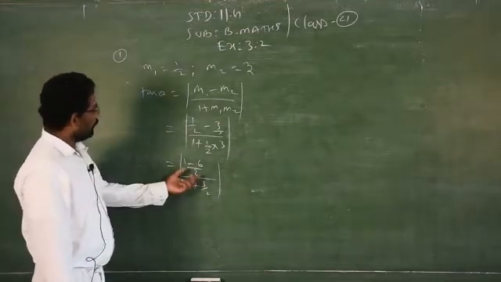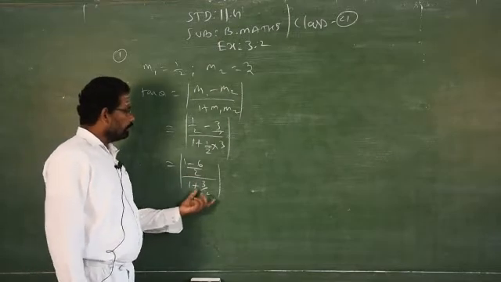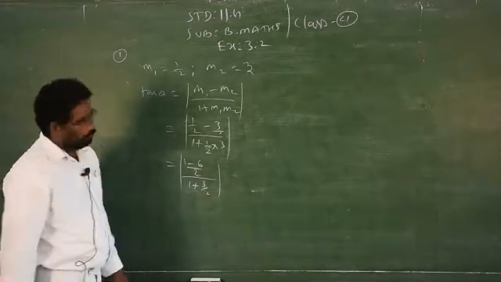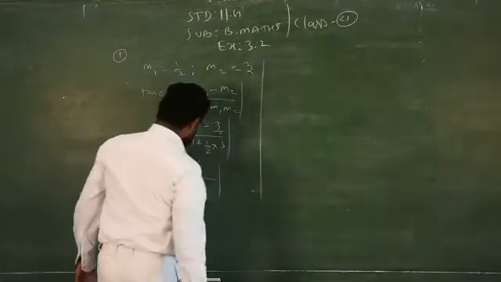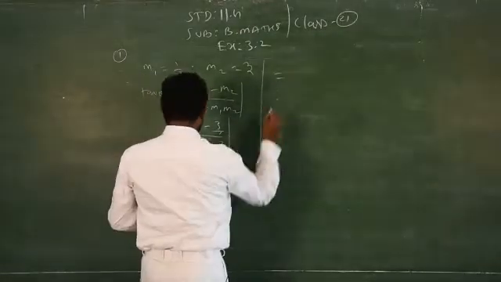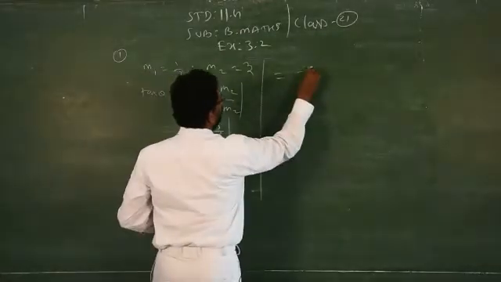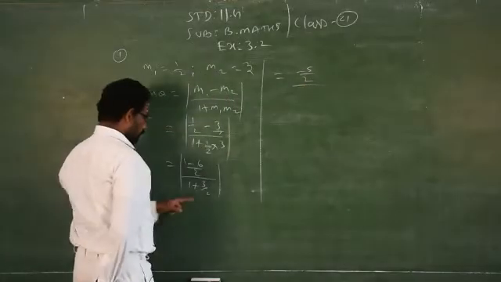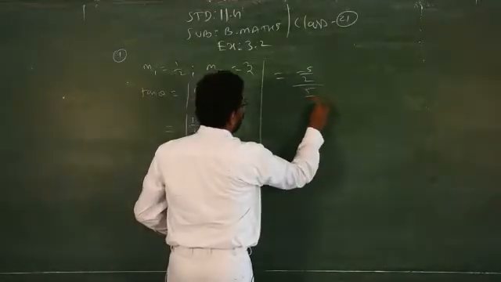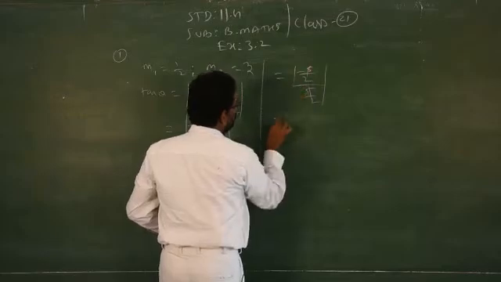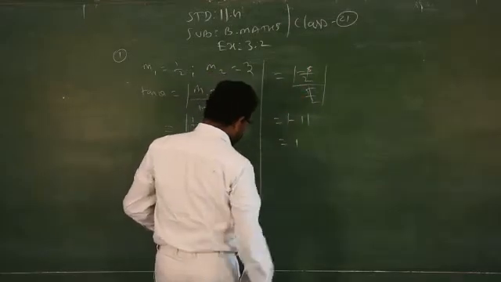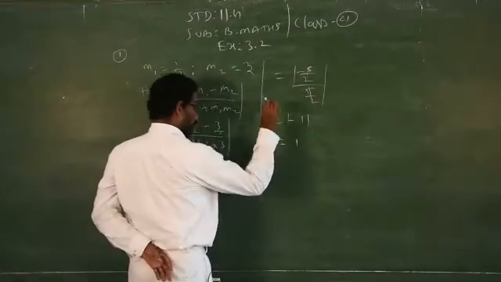Even if you get a negative answer, you convert the negative into positive. That is why I am using the modulus symbol. So you will get minus 5 by 2 over 5 by 2, the 5 by 2 cancels, and you get minus 1. The modulus of minus 1 is 1.